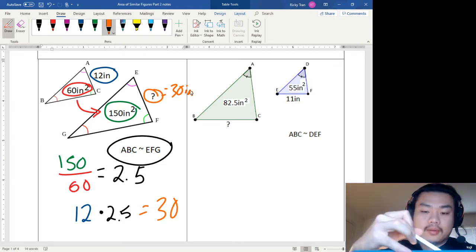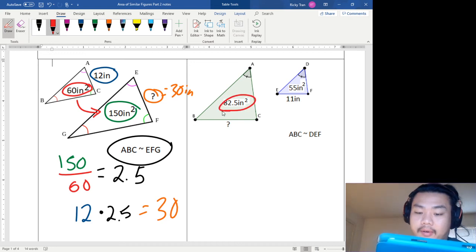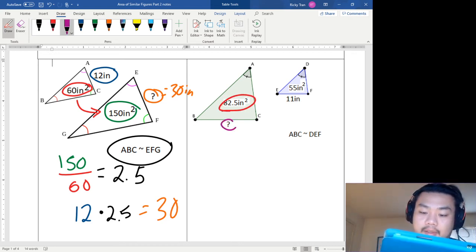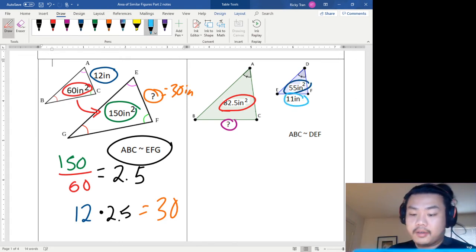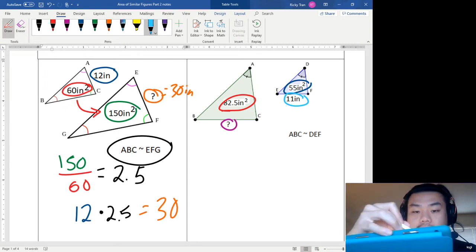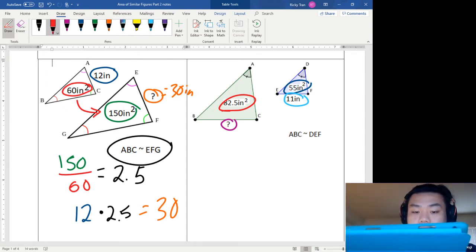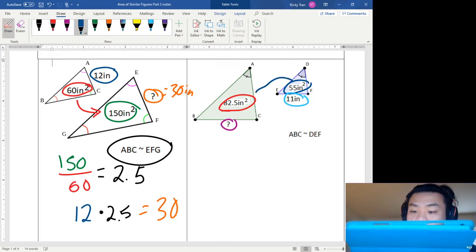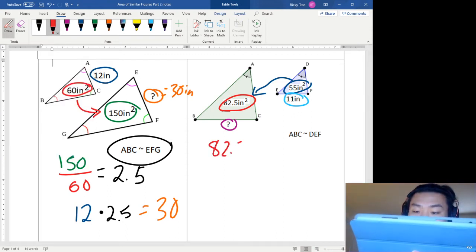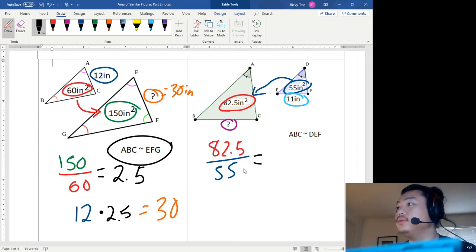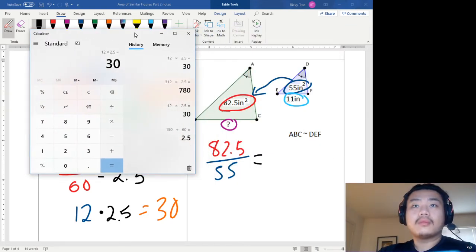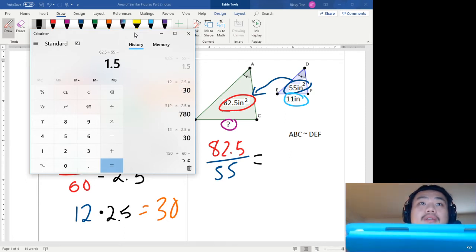All right. Again, next example, we have our area here, missing side here, area here, and missing side here. Okay, so we have the smaller going to bigger. So we're going to have 82.5 over 55, which is 1.5.